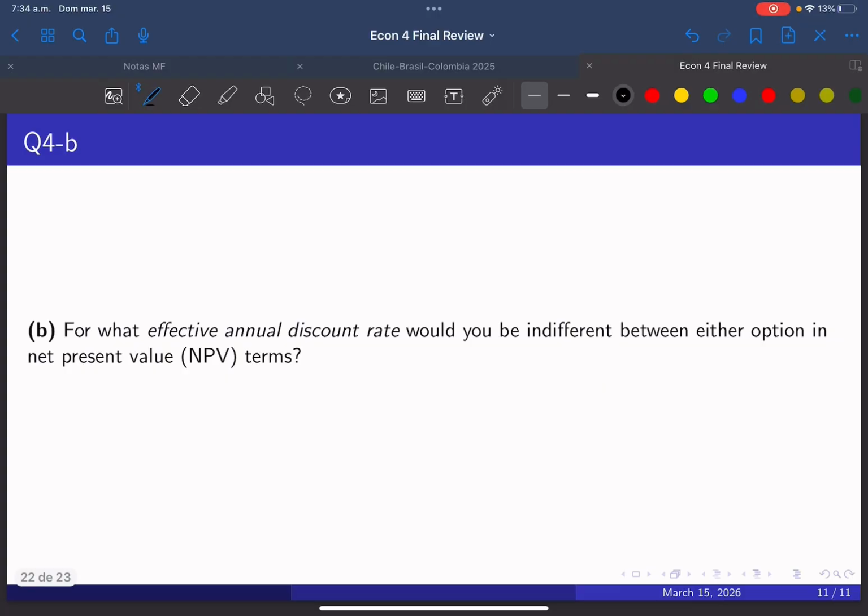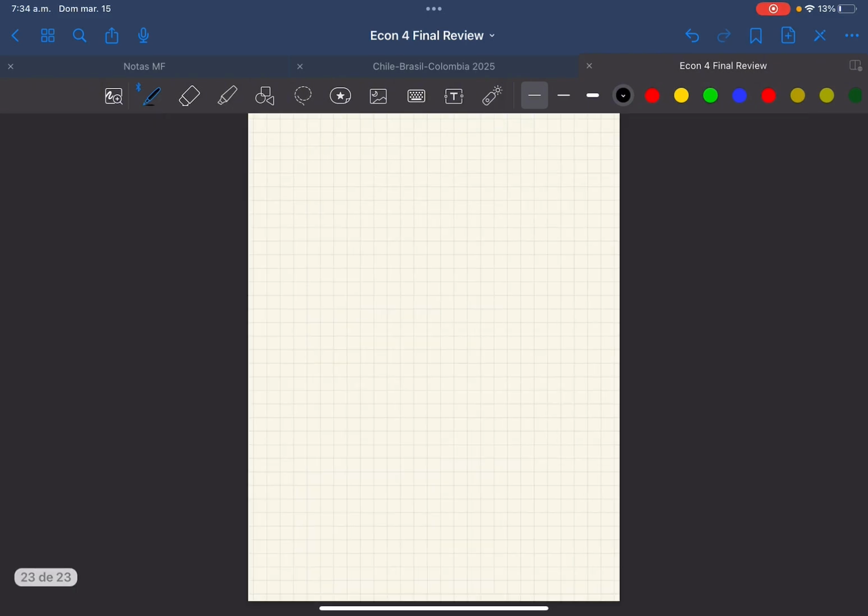And so now, last question. What is the effective annual discount rate for which you would be indifferent between either option in net present value terms? So pause here if you want to try this. Okay.